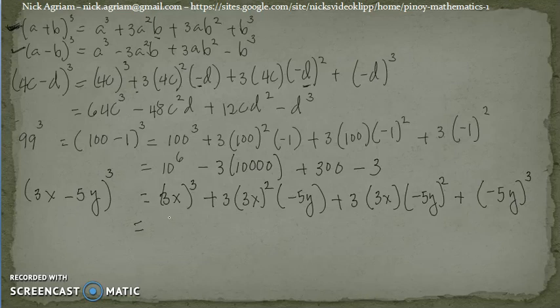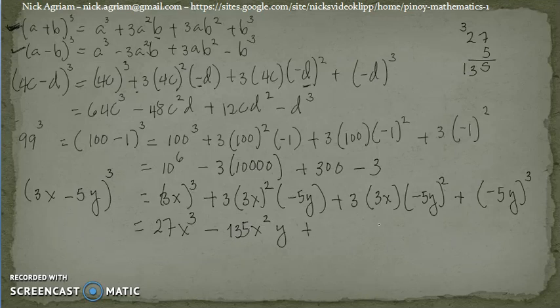So we have 3 times 3 times 3 is 27, x raised to the power of 3. And then we have 9 times 3 is 27, times 5. That will be negative anyway. 27x squared y, 27 times 5 is 135.